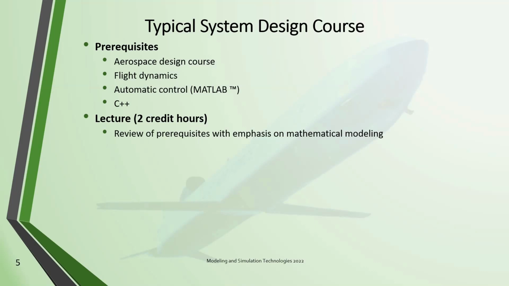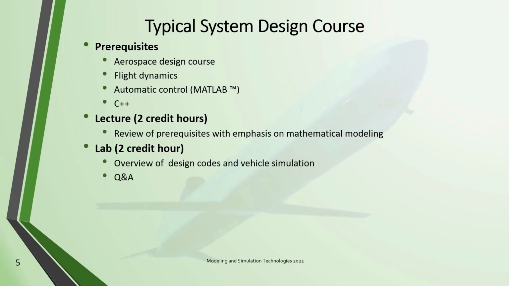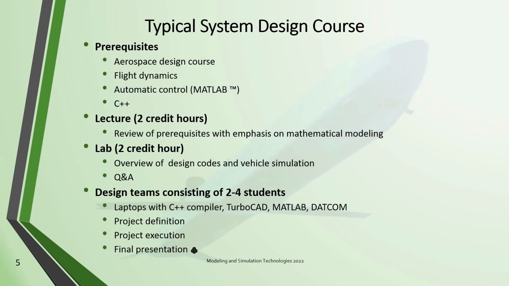We would have 2 lectures reviewing prerequisites, particularly with emphasis on mathematical modeling of these aerospace disciplines. Then there may be 2 computer lab credit hours with an overview of the design codes and the missile simulation, and then lots of questions and answers.